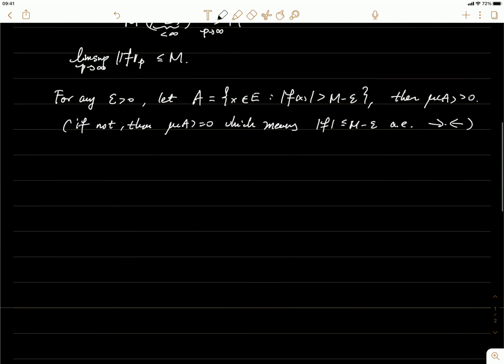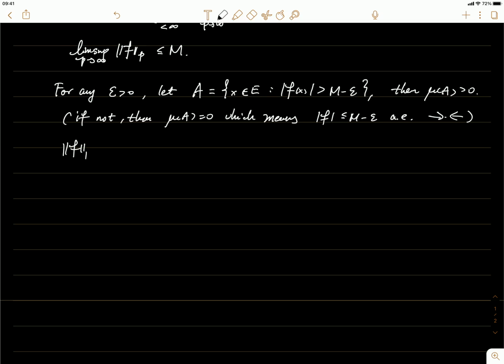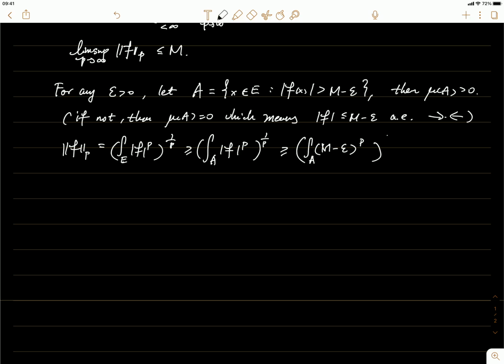Okay, and because of this, we can show that the L^p norm of f is equal to the integral of |f|^p, to the power 1 over p, and it is bigger than or equal to that integral over the smaller set A. We know that over this set A, f is bigger than m minus epsilon, so it is bigger than or equal to the integral over A of (m minus epsilon)^p, to the power 1 over p.